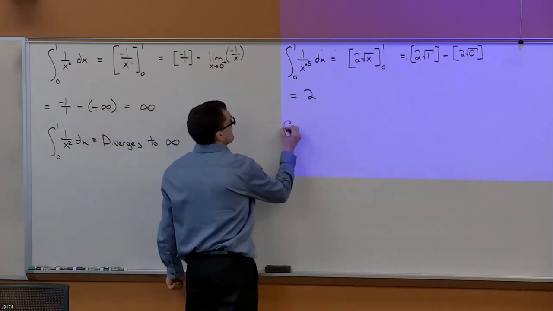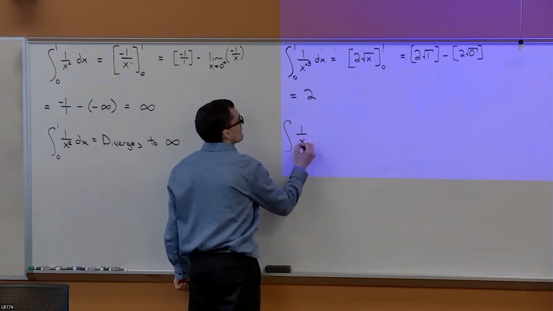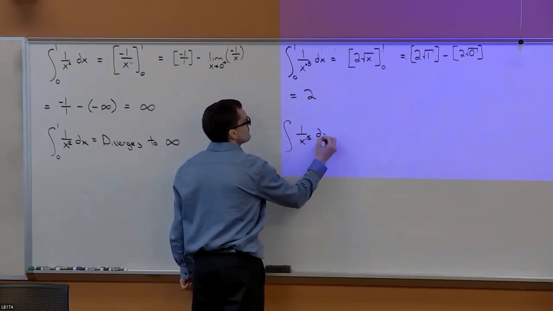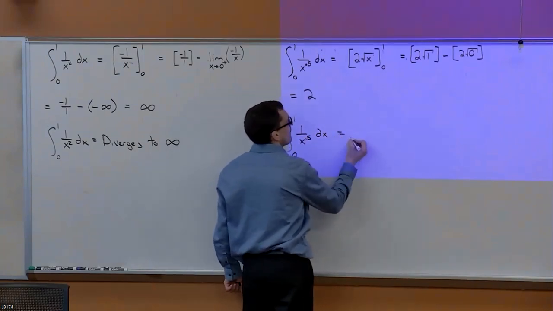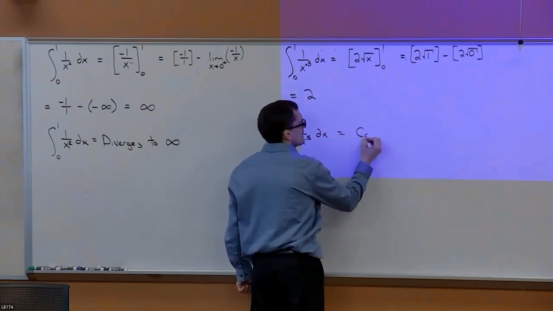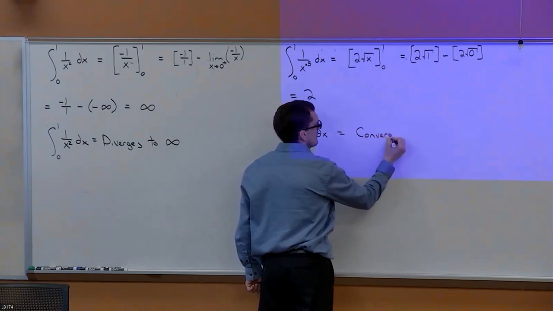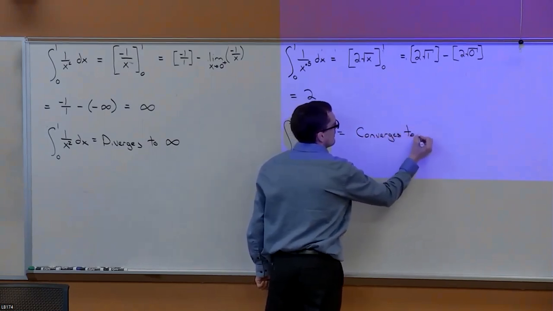So this integration of 1 over x to the 0.5 with respect to x, when you go from 0 to 1, actually converges to 2.